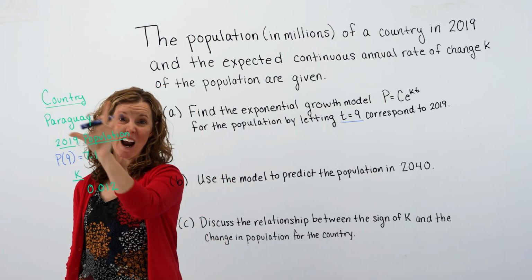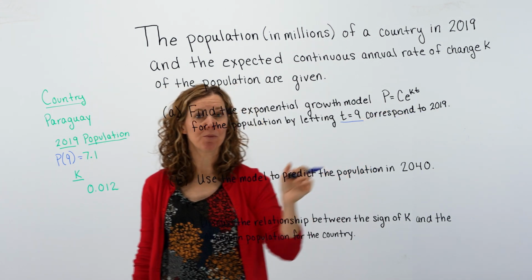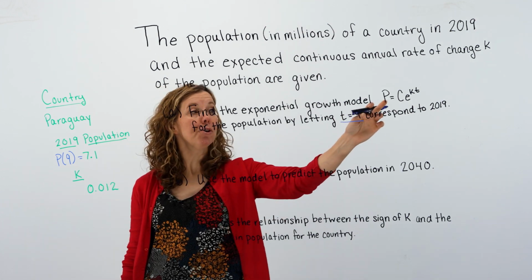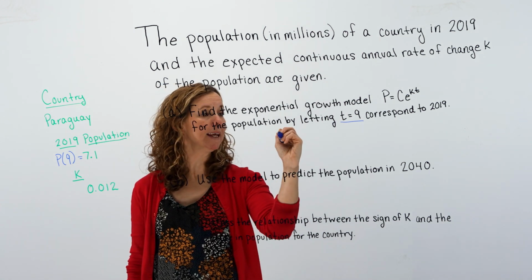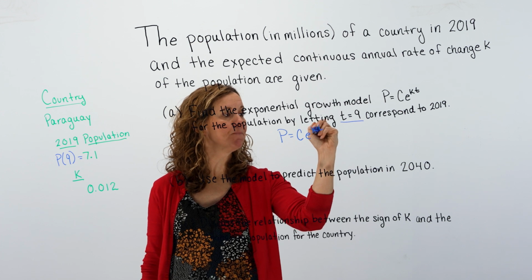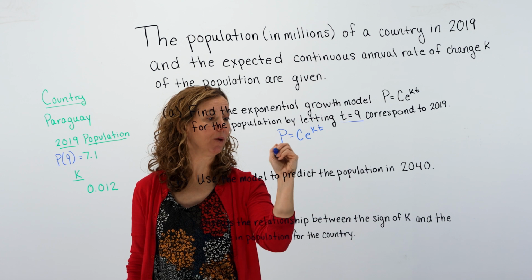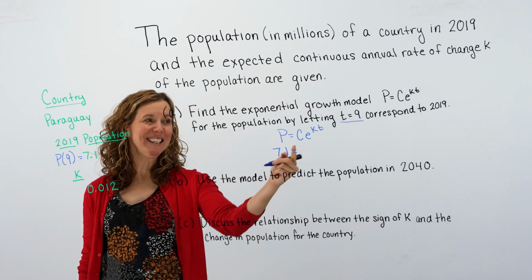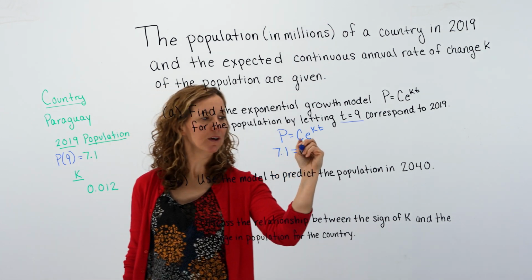So let's take all the information we know and plug into our exponential growth model. We know the value of P at t equals 9 is 7.1. So plugging into P equals C e to the kt, I have my value of P over here, that will equal 7.1. What I don't know is the initial population of Paraguay, so I don't yet know the C value.